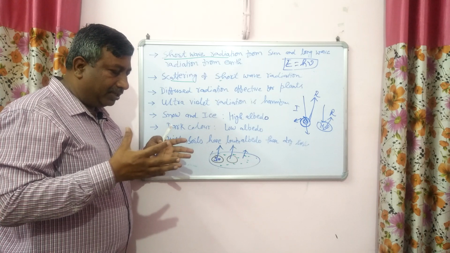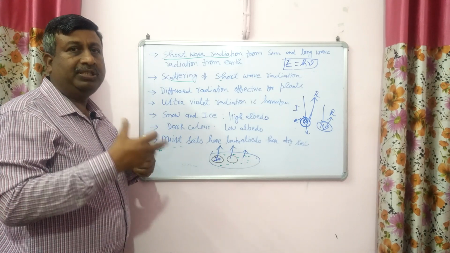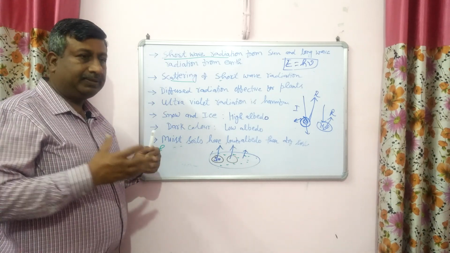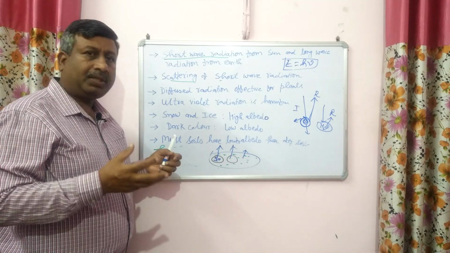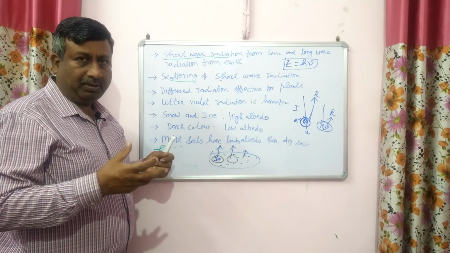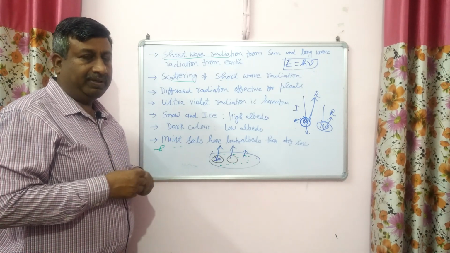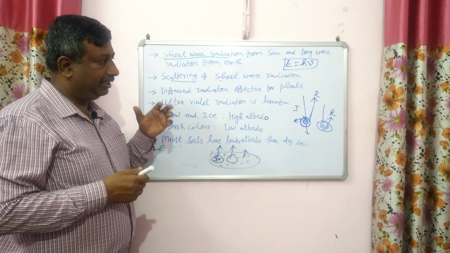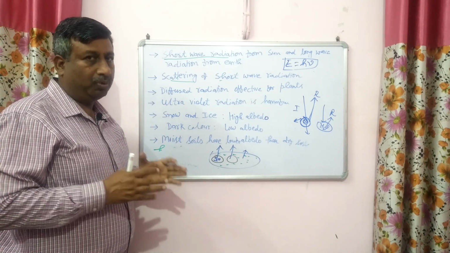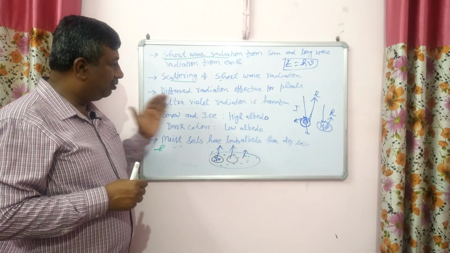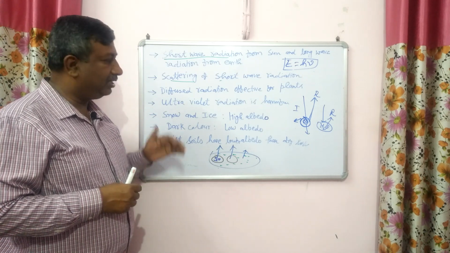Because radiation is absorbed, less is reflected. So rough surface, dark surface, and the other properties of the material decide the absorption. Reflection is reduced if absorption is more. In the case of snow and ice, reflection is more, that's why albedo is high.